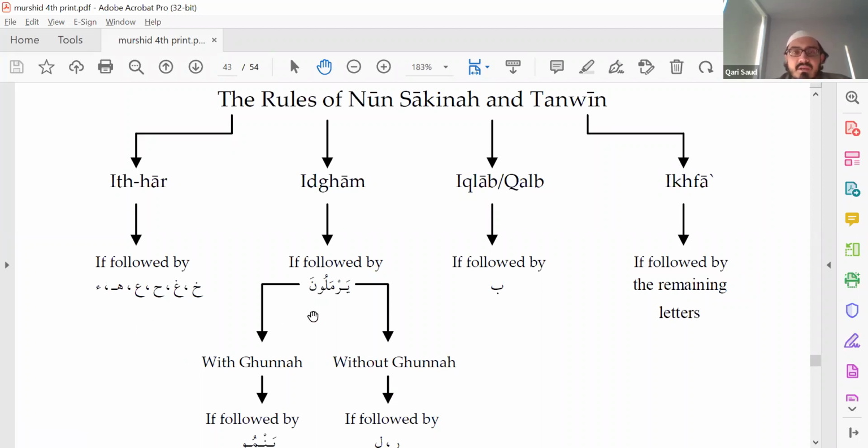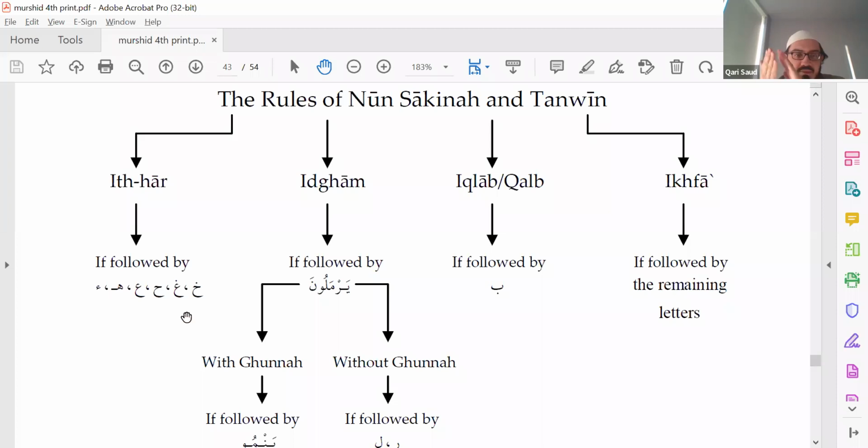So if after a noon sakin or tanween we have any of these 6 letters, then we're going to read clearly. Example, an'amta. You read the makhraj of noon, and the makhraj of noon, as we mentioned last time, is the tongue hitting the roof of the mouth, canine to canine, the tip of the tongue pressing against the roof of the mouth, and we get the noon. That's the makhraj of noon.